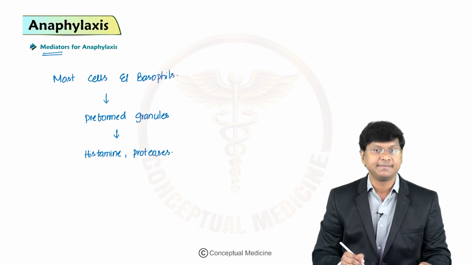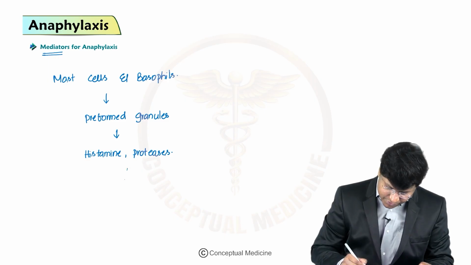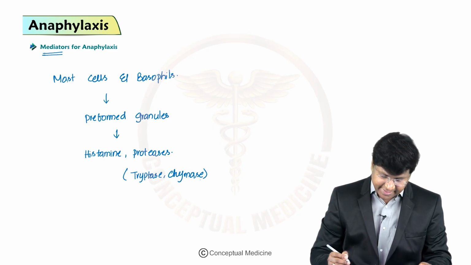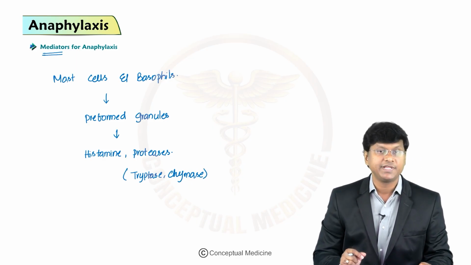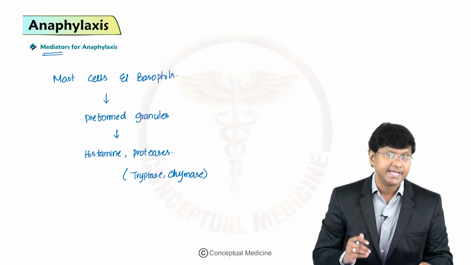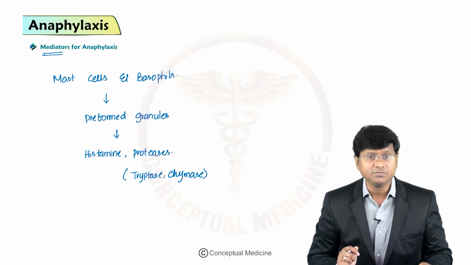What are the examples of these proteases? That includes tryptase and chymase. So these proteases and histamine are the mediators of anaphylaxis.